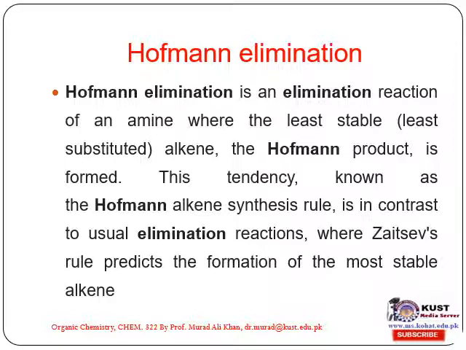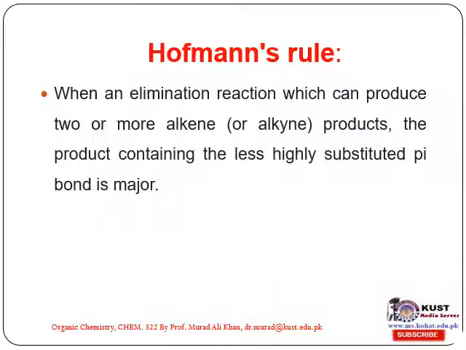Hofmann elimination is an elimination reaction of an amine where the least substituted alkene, the Hofmann product, is formed. This tendency, known as the Hofmann alkene synthesis rule, is in contrast to the usual elimination reaction where the Zaitsev rule predicts the formation of the most stable alkene. This is the case of Hofmann elimination, and the product is in contrast to the more stable Zaitsev product.